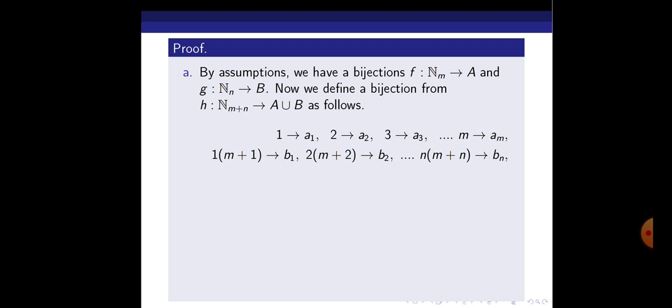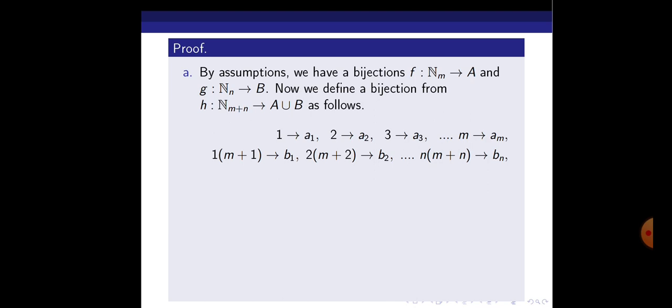Now we have to define h for b1, b2, etc., bn. For our convenience, we choose h maps m plus 1 onto b1, h maps m plus 2 onto b2, etc., h maps m plus n onto bn. That is, h maps m plus 1 onto the element g maps 1 onto.